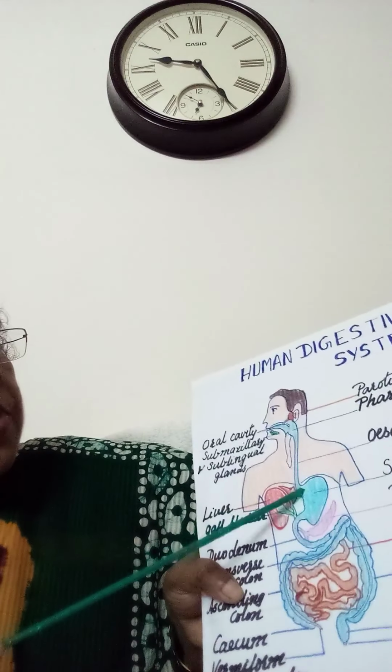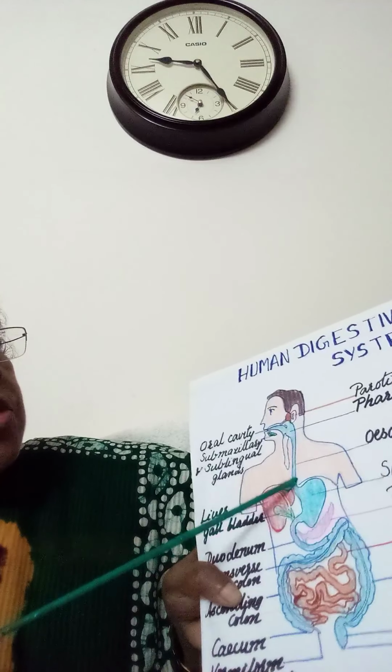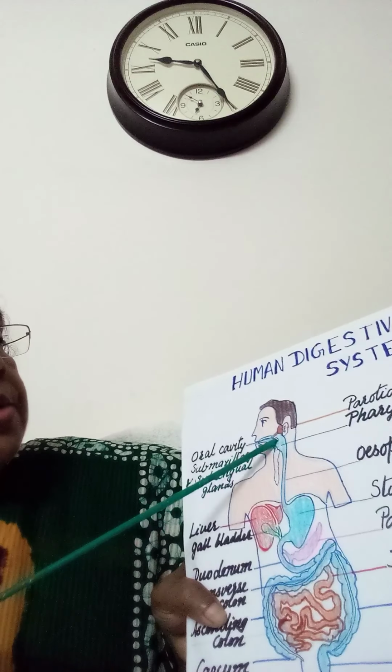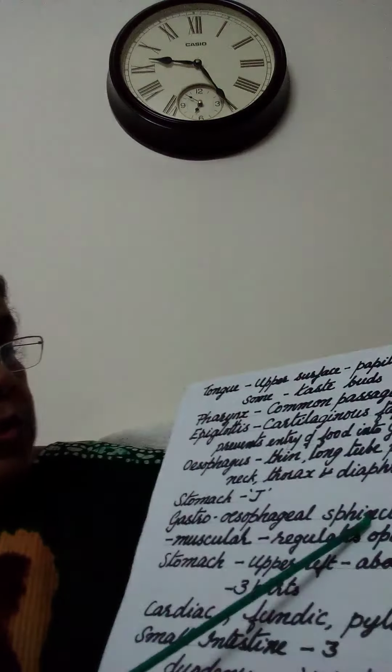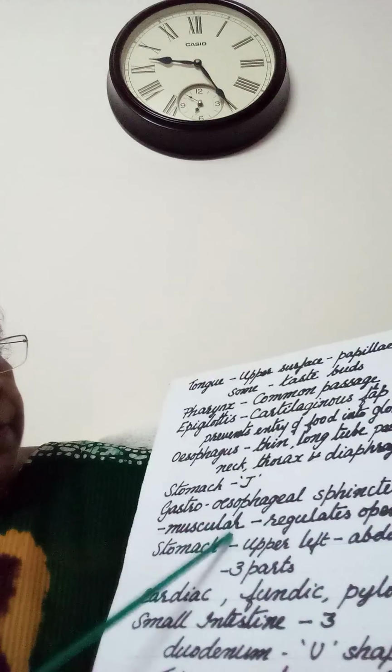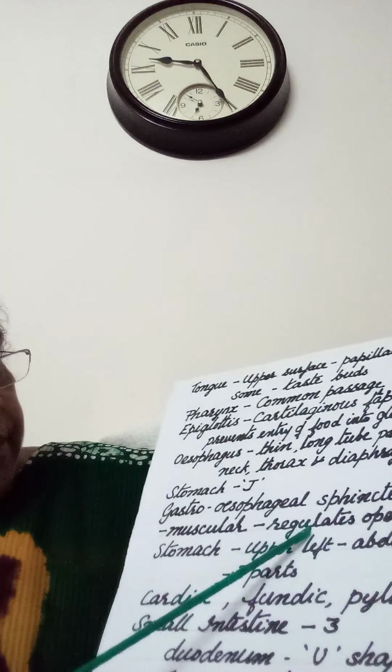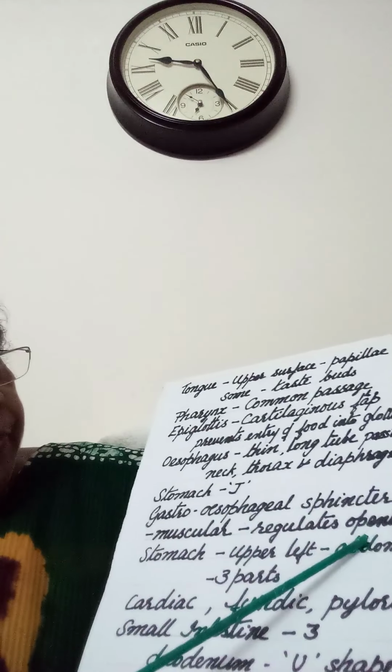Then again the sphincter will be opening and it will be passing through the esophagus and coming out through the mouth. So that is the difference between sphincter and valve. Then next, esophageal sphincter will be muscular and it will be regulating the opening.